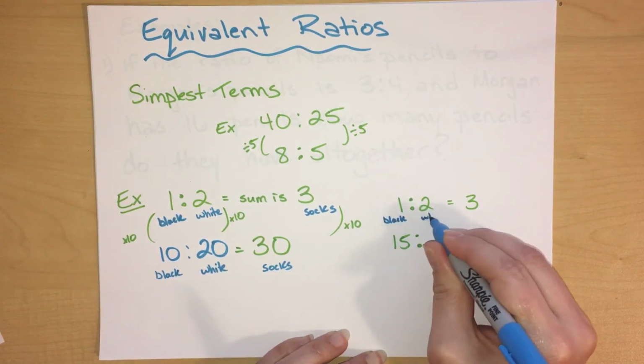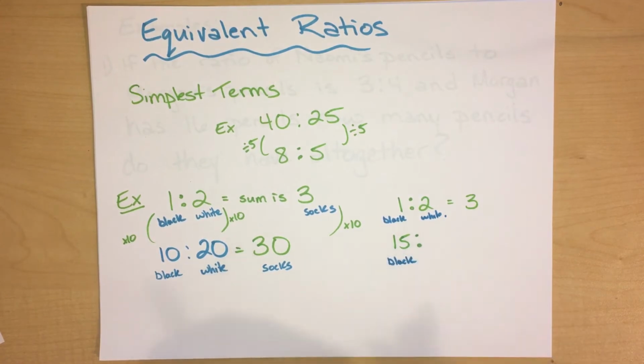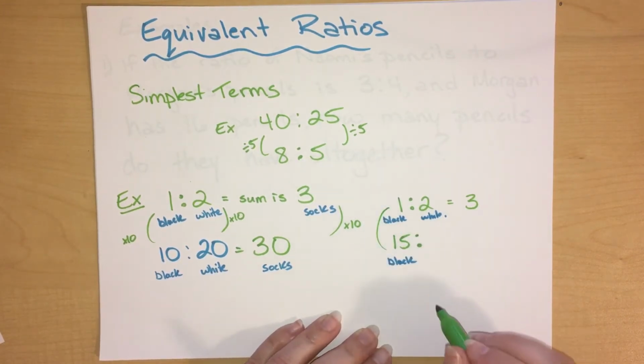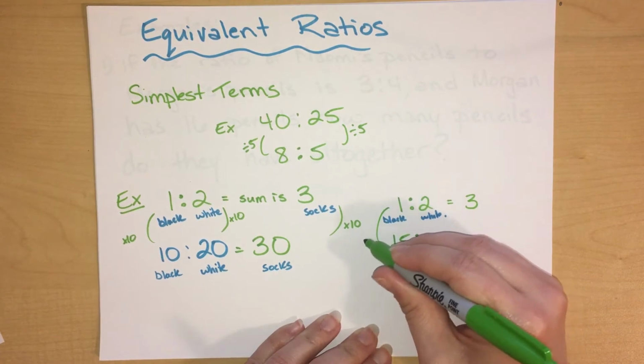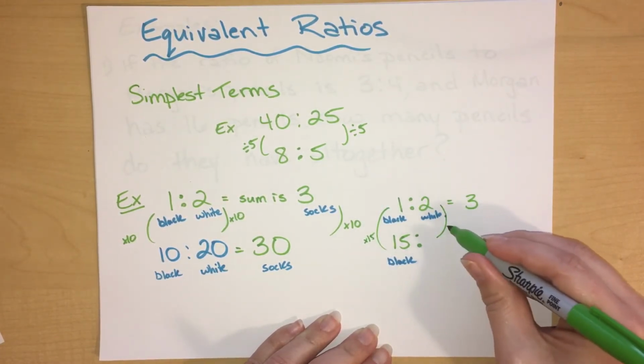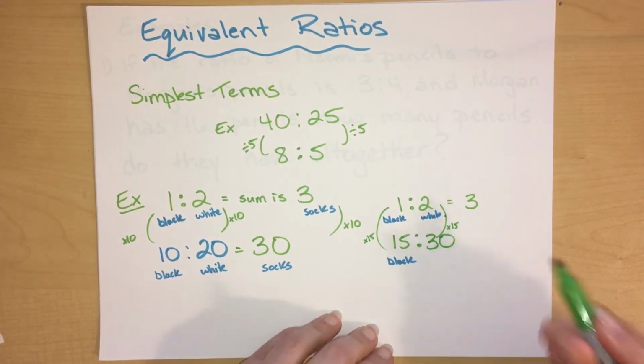Black, white, that's right. Okay, so now in my new equivalent ratio, I see that I've gone from 1 to 15 black socks. Okay, I have to figure out what that scale factor is. How did I get from 1 to 15? Okay, this one's pretty easy. I obviously multiplied by 15. What I do to one side of the ratio, I have to do to the other. 2 times 15 will give me 30.